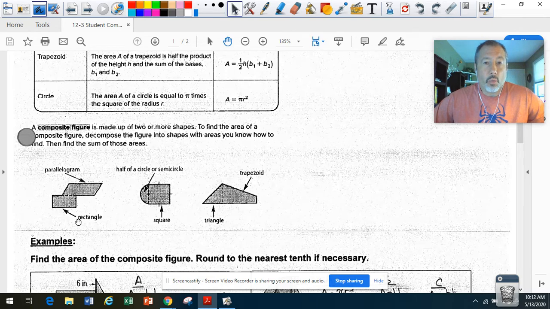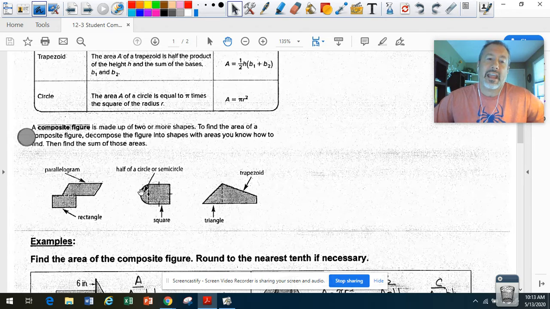Now, one thing I want to warn you about with this one here: if we break this into two shapes, we have half of a circle here. So when finding the area of this circle, we have to make sure that we divide it by 2 because it's only half of the circle. If we do not divide it by 2, we're actually adding the second half into this shape also, which would not work out.